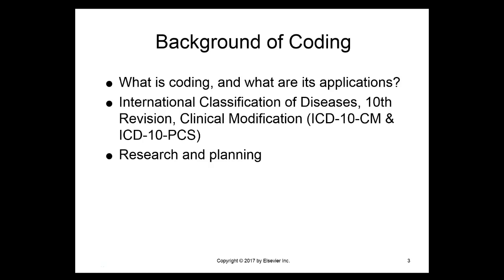The classification system that we use for diseases is ICD-10, and the World Health Organization actually creates and maintains the International Classification of Diseases. In the United States, the cooperating parties create a clinical modification.